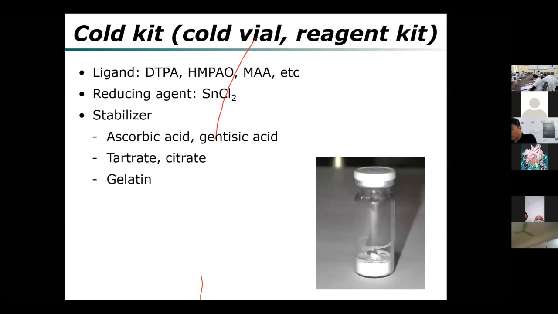To use these radioisotopes, we must make a cold kit, a so-called reagent kit. In the kit, there is a ligand, and a reducing agent, and other stabilizers are also contained in the reagent kit formulation.